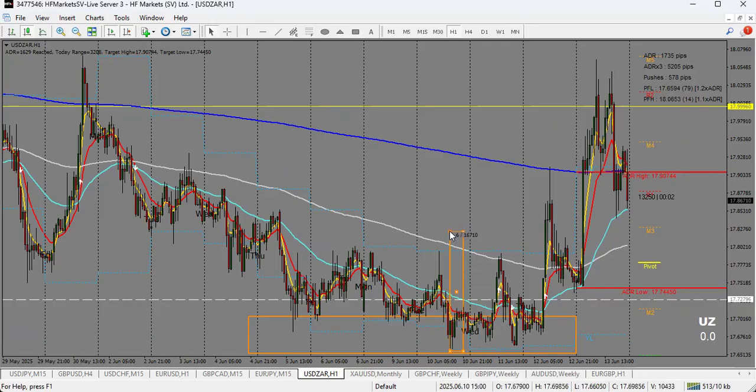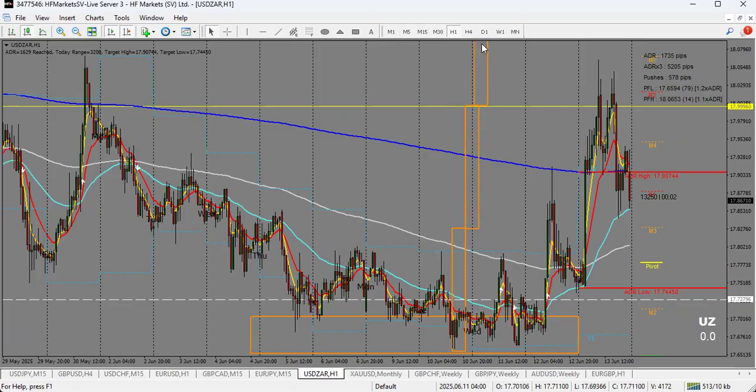So let us draw the ADR boxes and see where we should target. So we have completed two levels and two times ADR already. So we had the first level, a very good retracement. The second level, we are now on a retracement, and we should have a third level up.